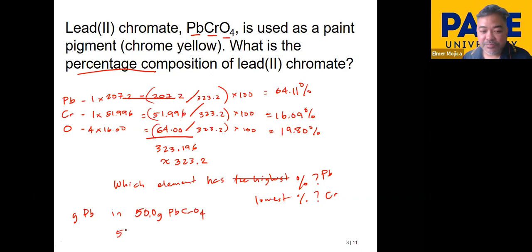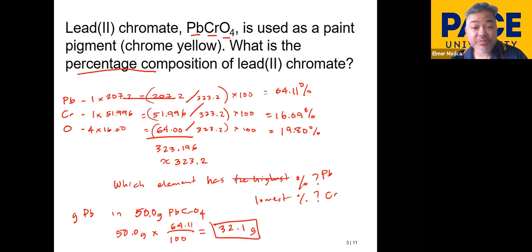All you need to do is 50 grams times 64.11 divided by 100. So you have around what? 32.1 grams. So those are the types of questions that you may be asked.